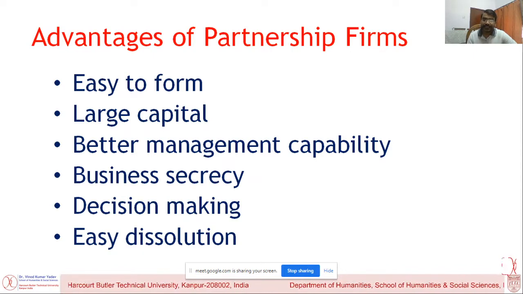Dissolution is easy, obviously. If it is not registered, all partners can agree on plain paper, and if a registered deed was there, you can simply ask for dissolution and the deed would be cancelled. Once the deed is cancelled, your partnership firm reaches its end.